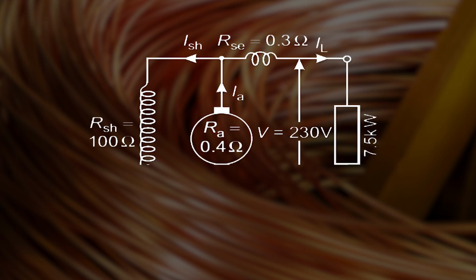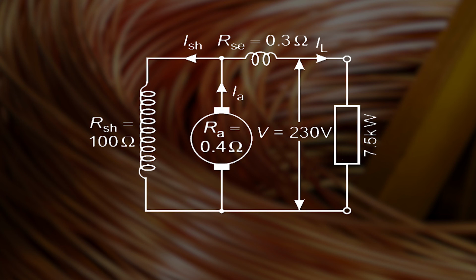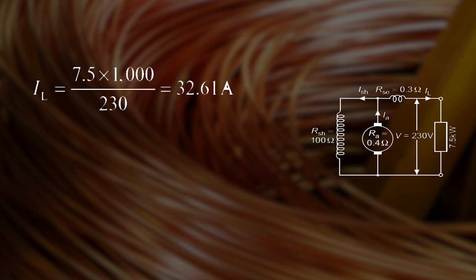First of all, draw the short shunt cumulative compound generator and write all the given values: RSH is 100 ohm, RSE is 0.3 ohm, armature resistance is 0.4 ohm, terminal voltage is 230 volt, and load is given as 7.5 kilowatt. So this load current IL can be written as power divided by voltage.